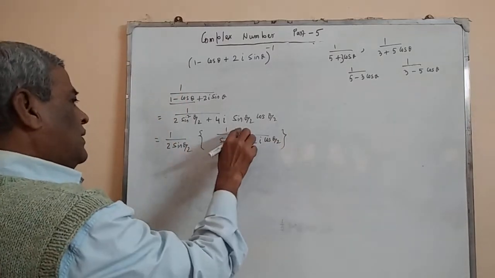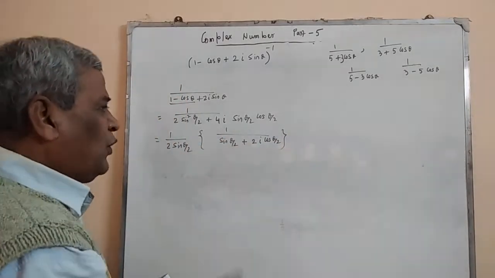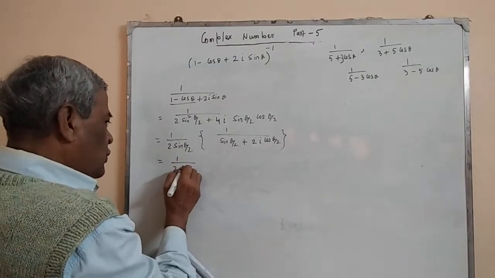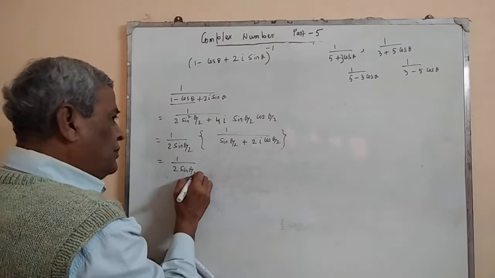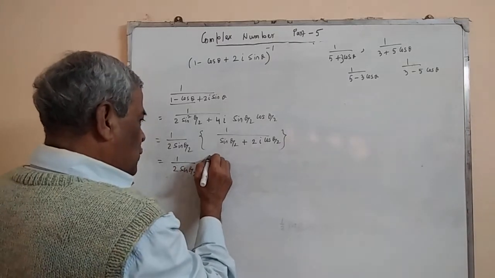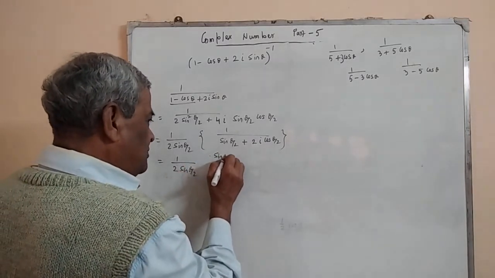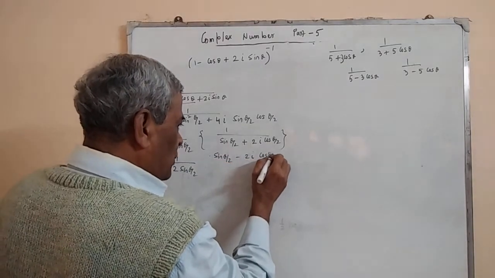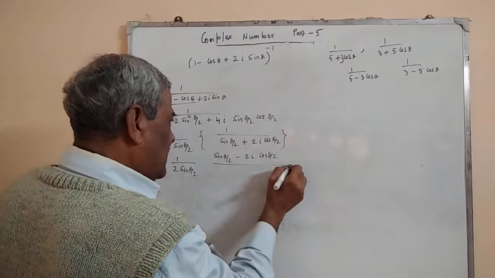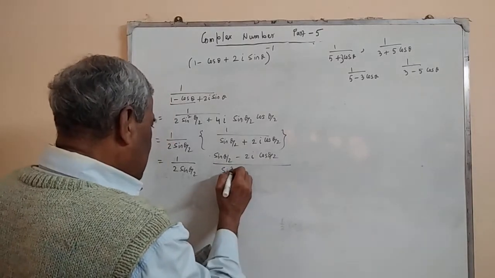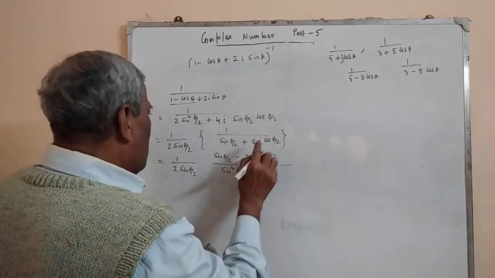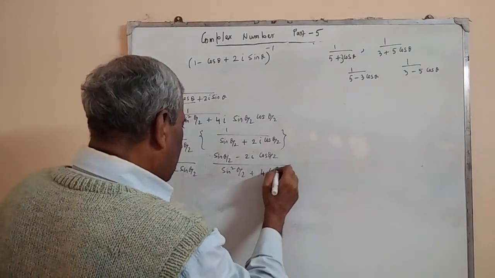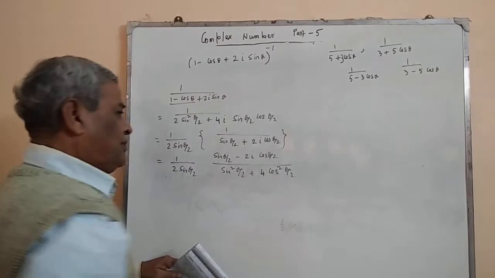Now multiply numerator and denominator by the conjugate of that. It is equal to 1 upon 2 sin theta by 2 into (sin theta by 2 minus 2i cos theta by 2) by (sin square theta by 2 plus 4 cos square theta by 2).